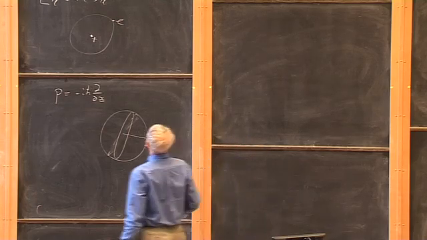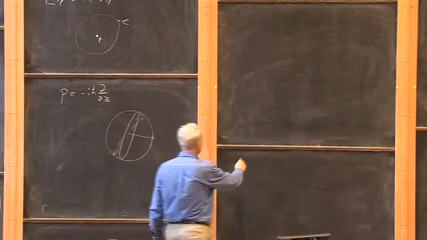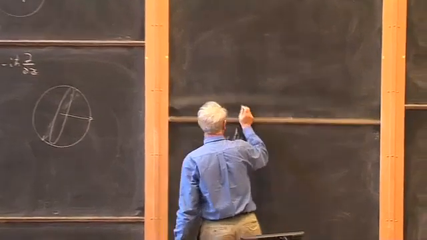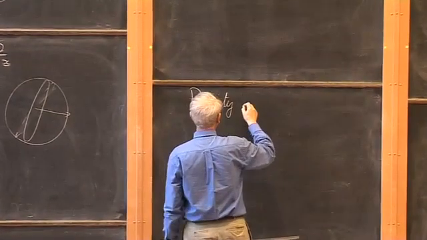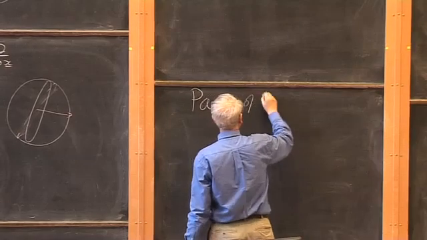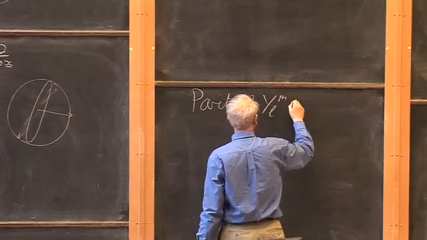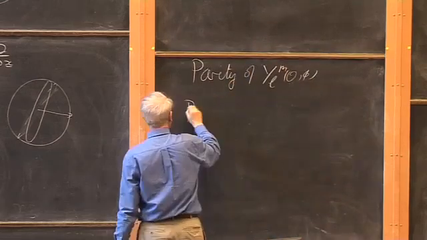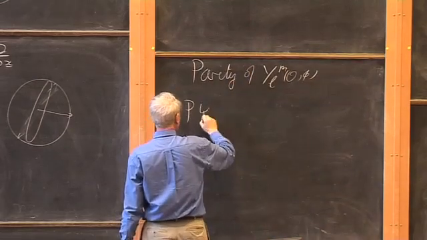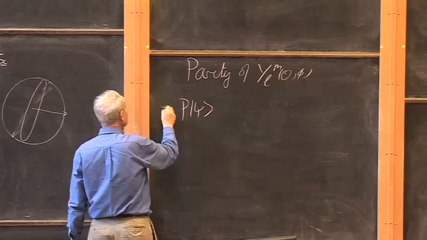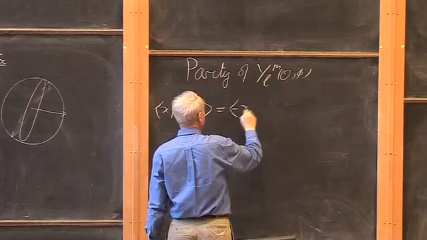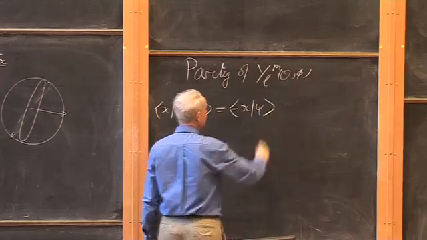Okay, so now we should address an important topic, which is the parity. This is practically an important topic, the parity of Y_LM. So remember, the parity operator, P, working on a psi, makes a state whose amplitude to be at x is the amplitude to be at minus x if you were in the state psi.